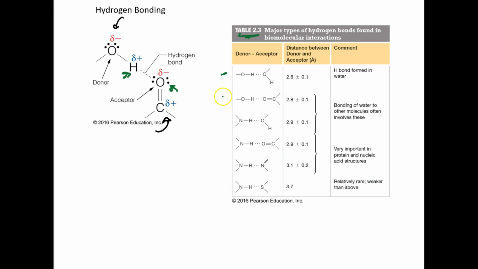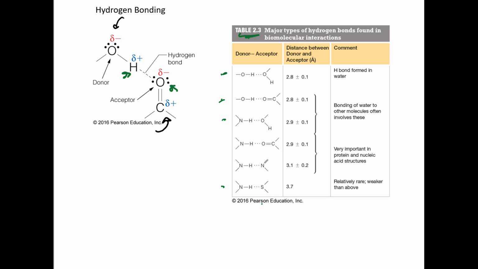We can have hydrogen to oxygen in a carbonyl. You can have a hydrogen that's attached to a nitrogen. You can see all these different permutations, and you can also hydrogen bond between a nitrogen-based hydrogen and a sulfur. So there's a lot of different varieties to this, but the common thread is that you have to have a hydrogen. And we're going to talk a little bit more about why that is.